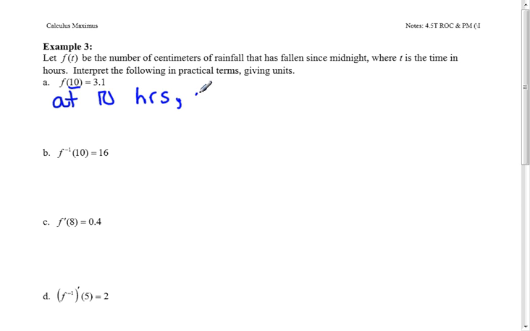We could say 3.1 centimeters. So at the 10-hour mark, or aka 10 a.m., if you want to write that, that's okay. Maybe I should write this too. At t equals 10 hours, or 10 a.m., 3.1 centimeters of rain have fallen.